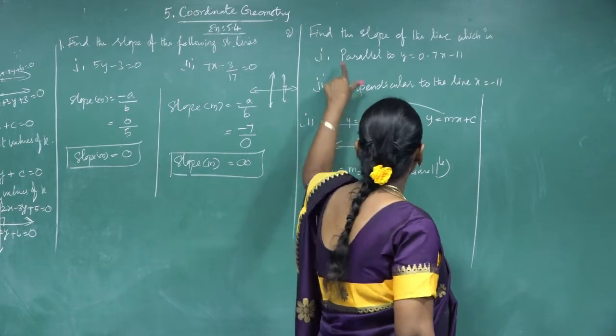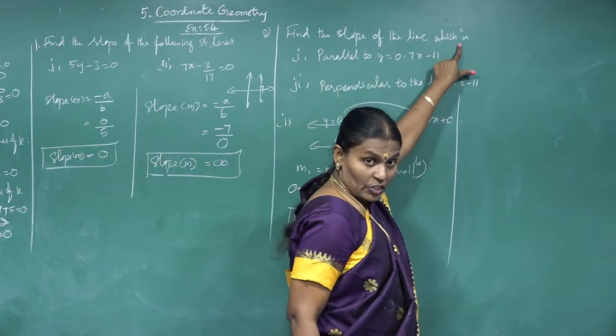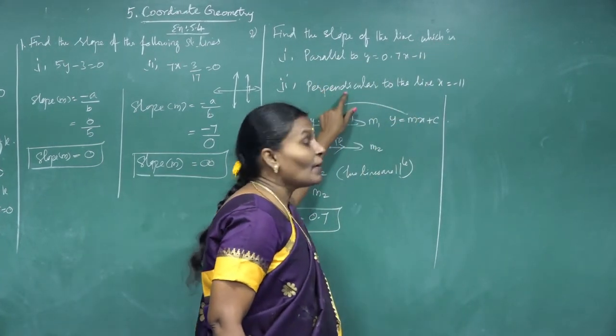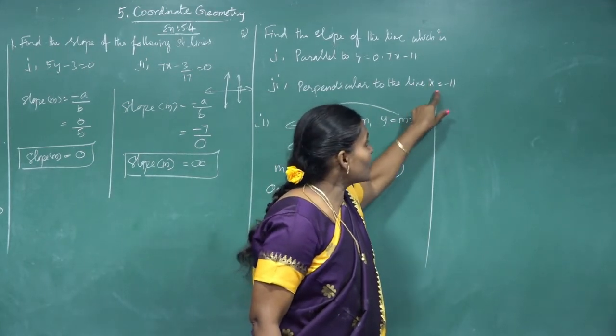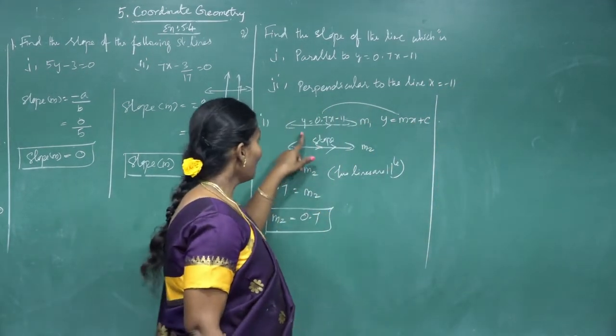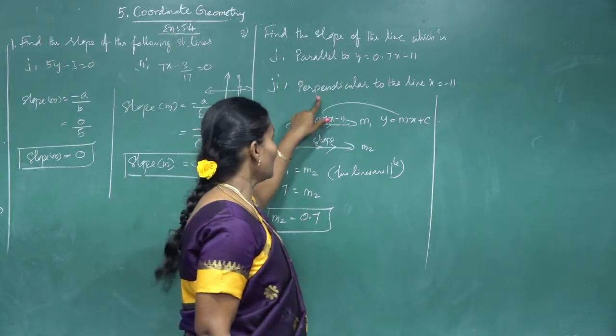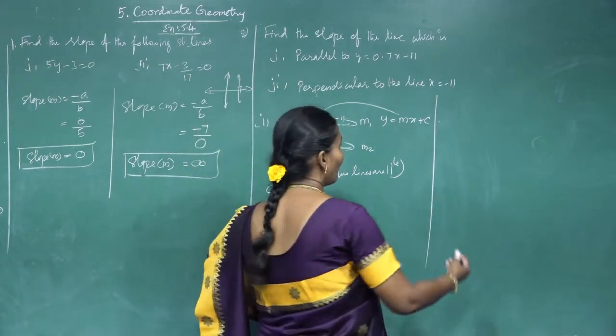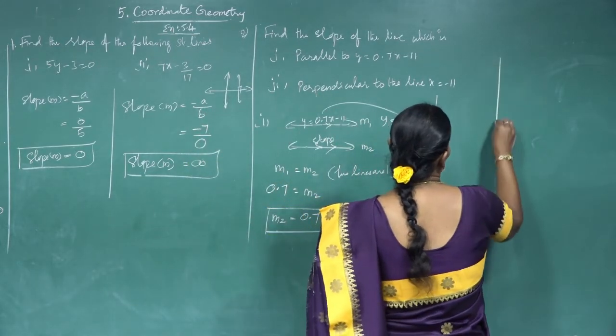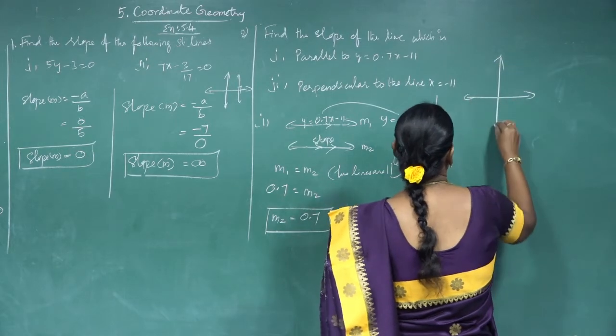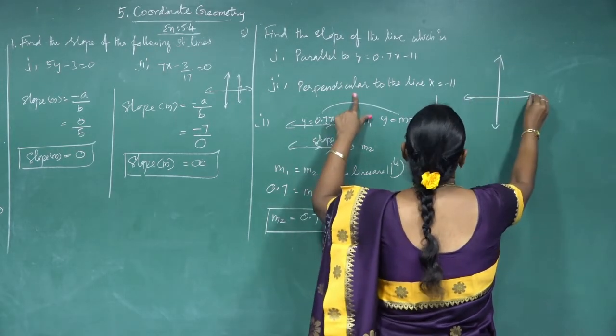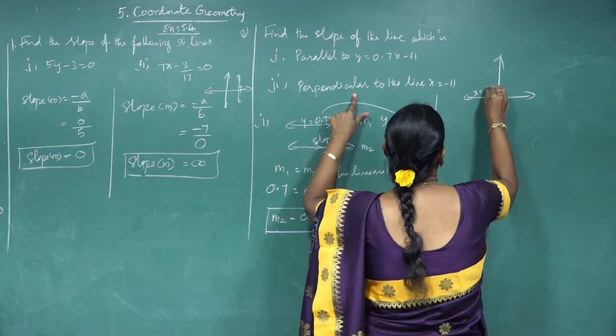Good. Now see the second one: find the slope of the line which is perpendicular to the line x is equal to minus 11. Here parallel was given, here perpendicular is given. So you take the two perpendicular lines, and you consider this equation is x is equal to minus 11.